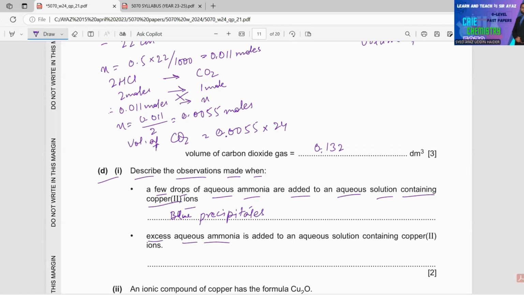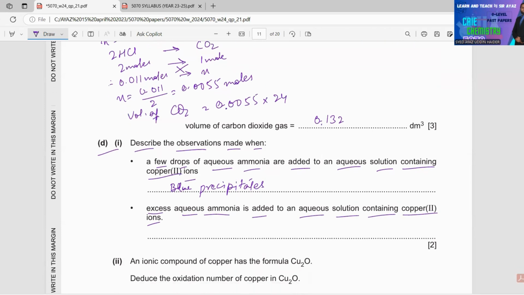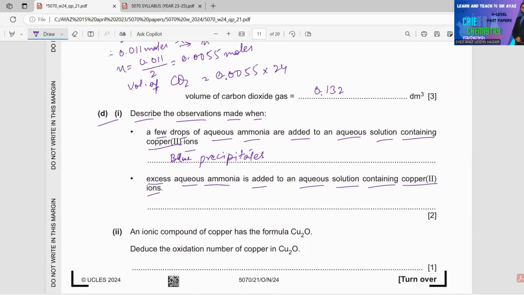Excess aqueous ammonia is added to an aqueous solution containing copper 2 ions. So this will dissolve in excess to form dark blue solution. So you'll write dissolves to give dark blue solution.